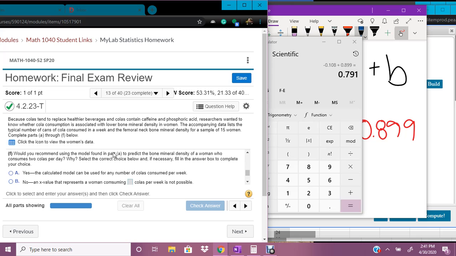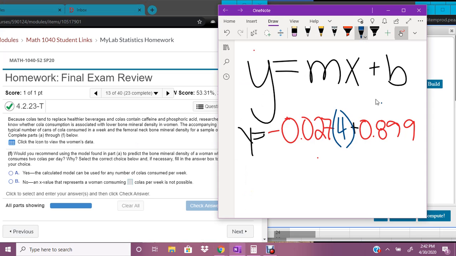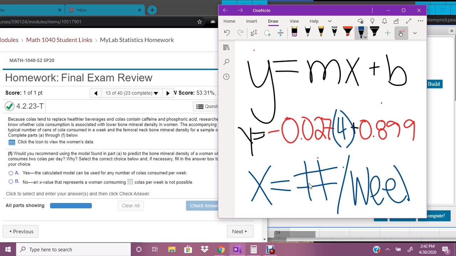Okay, would you recommend using the model? So what we found, this line that we found, is for someone who consumes 2 colas per day. What x is, is number of colas per week, right? For that one equation, we did 4 colas per week. But someone who consumes 2 colas per day, that means we have to convert it into weeks.